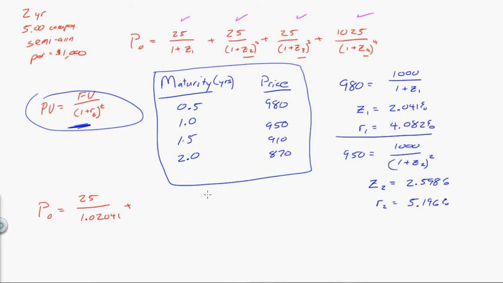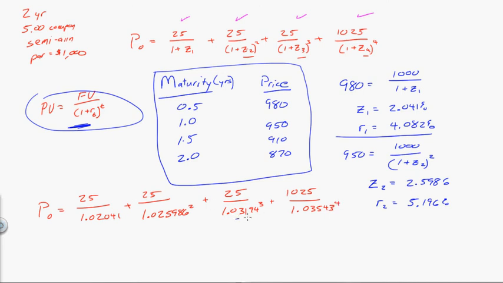So I'm doing the same math here each time, and this is going to be 25 divided by 1.025986 squared, plus I'm going to go ahead and give you the answers. 25 divided by 1.03194 cubed plus 1025 divided by 1.03543 to the fourth.